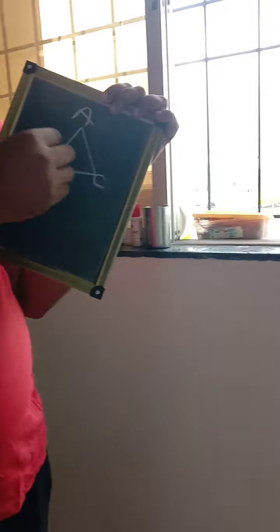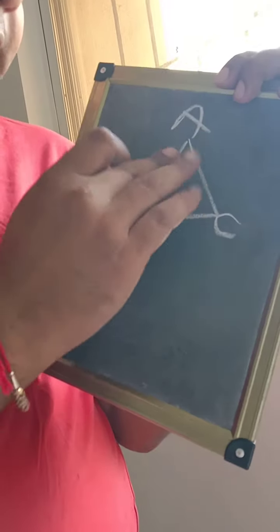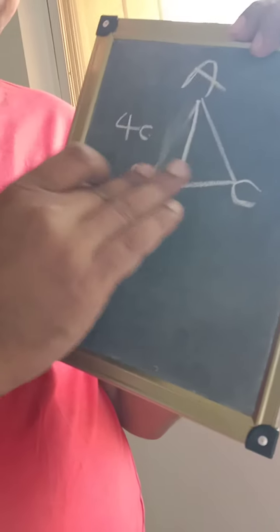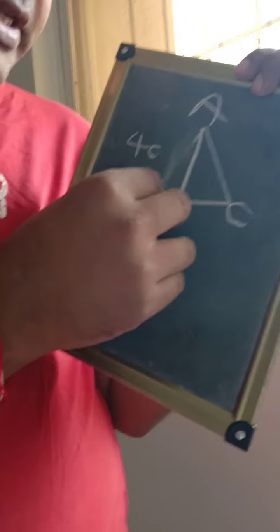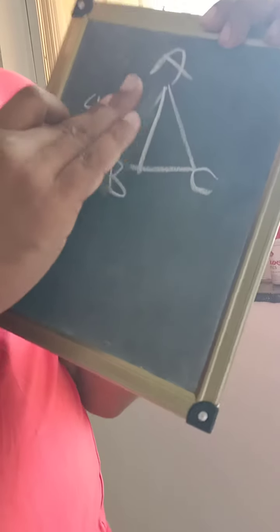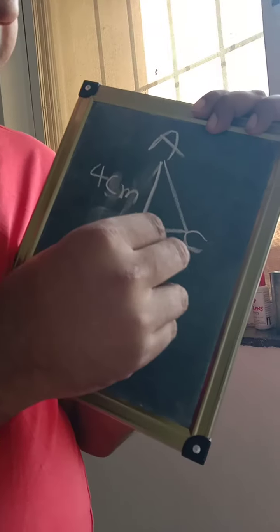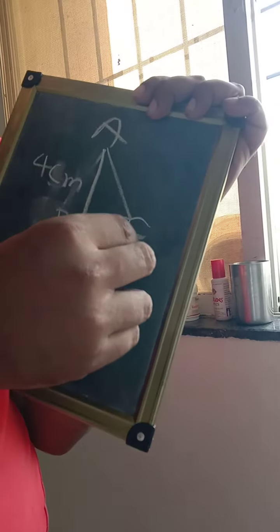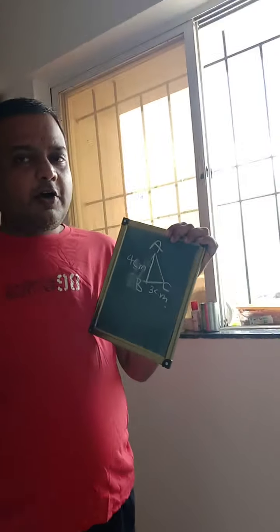Suppose this side is 4 centimeter. I am constructing this as a right angle triangle. This one is 4 centimeter, and this one is 3 centimeter. How much is the value of AC? Anybody knows?